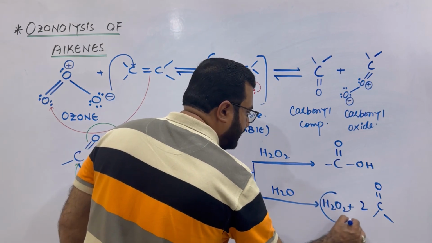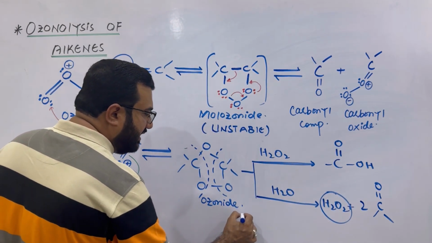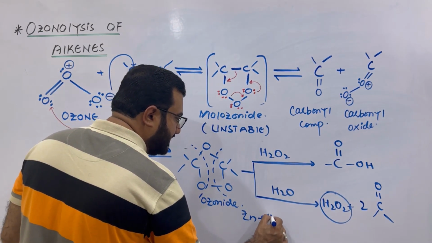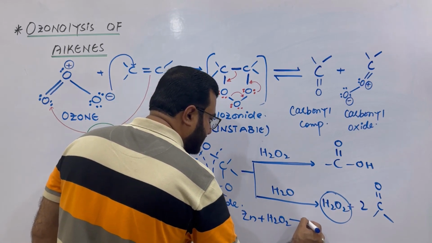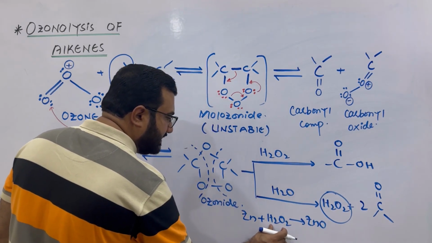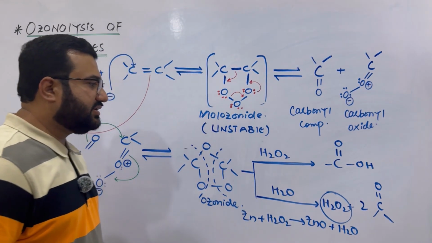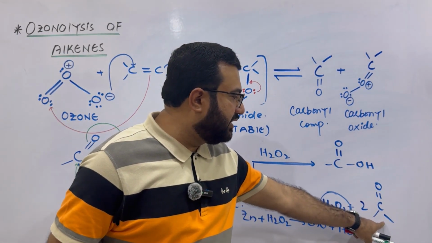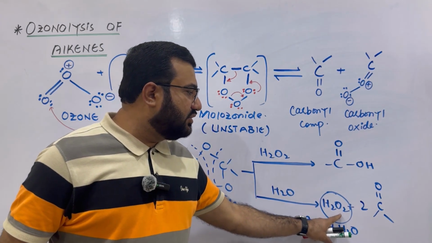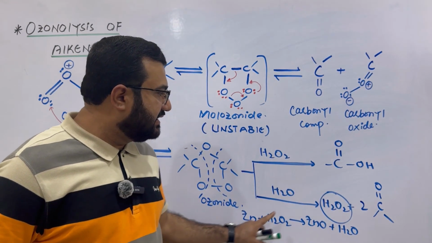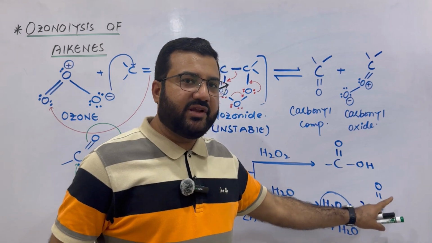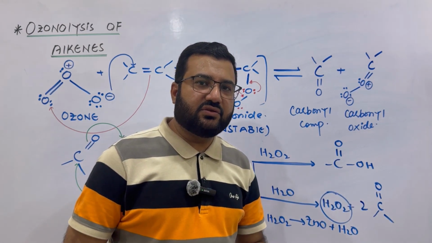Now this H2O2 should be stabilized immediately. That's why zinc dust is placed in the reaction mixture, which reduces this H2O2 to water again, and thus the oxidation of these carbonyl compounds can be prevented. If this H2O2 is not stabilized by using the zinc dust, then these carbonyl compounds will be converted to carboxylic acid through oxidation.